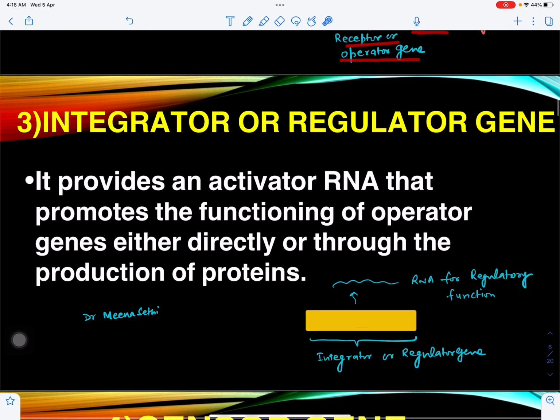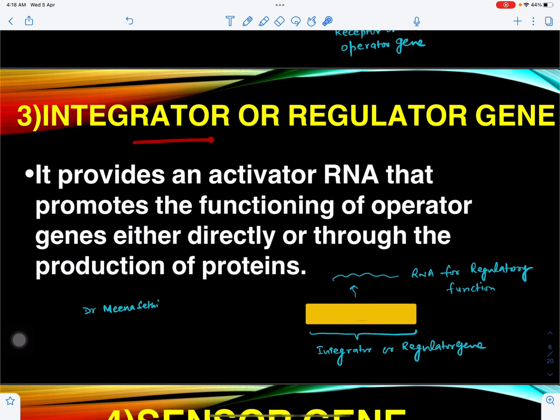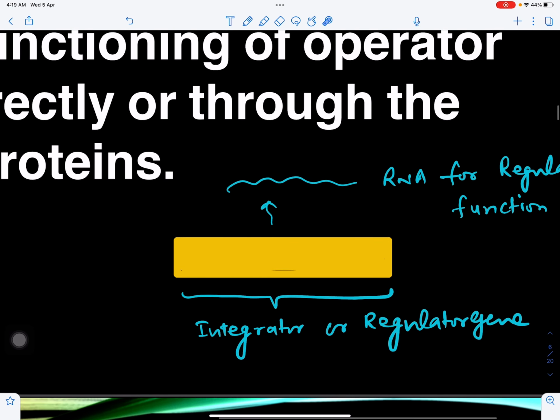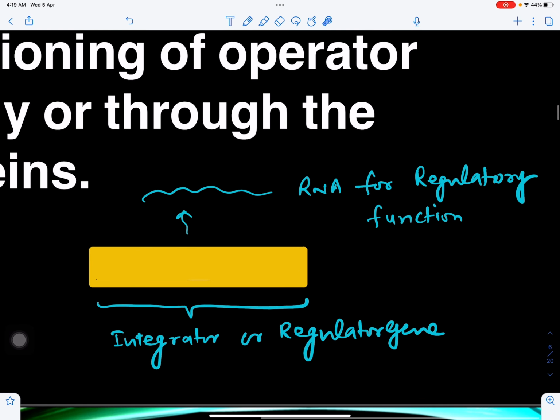The third gene in this model is the integrator or regulator gene. To control anything, regulation is very, very important. That can be done with the help of the regulator gene. Basically, this regulator or integrator gene also produces an RNA. This RNA is not for protein synthesis.